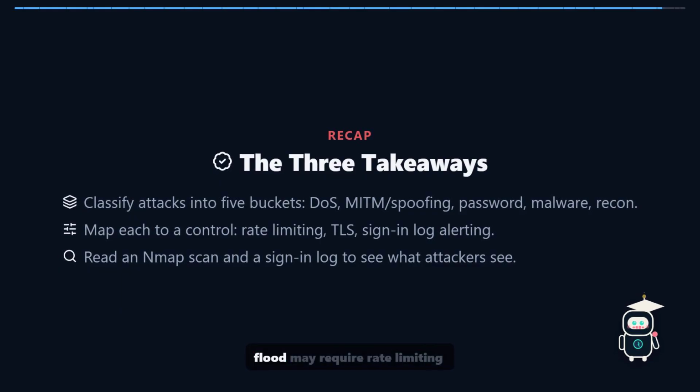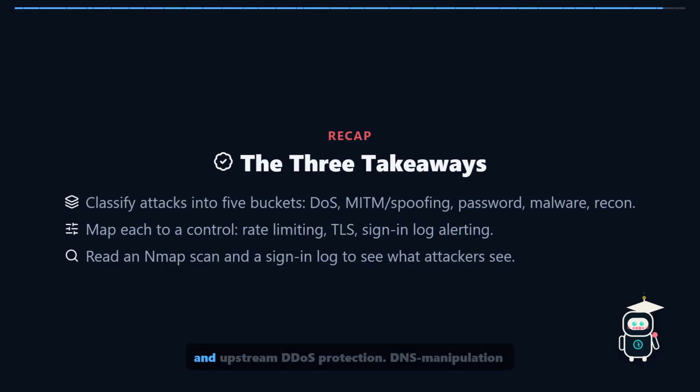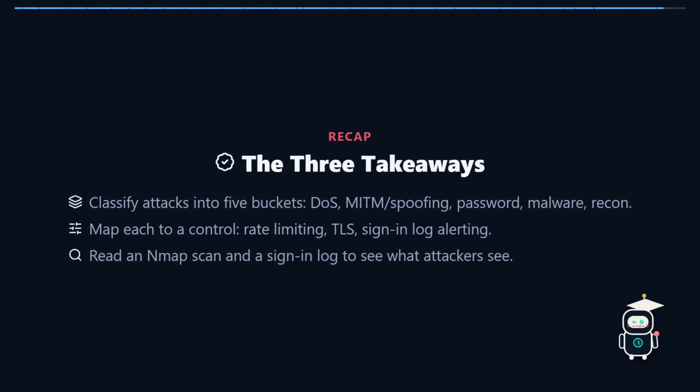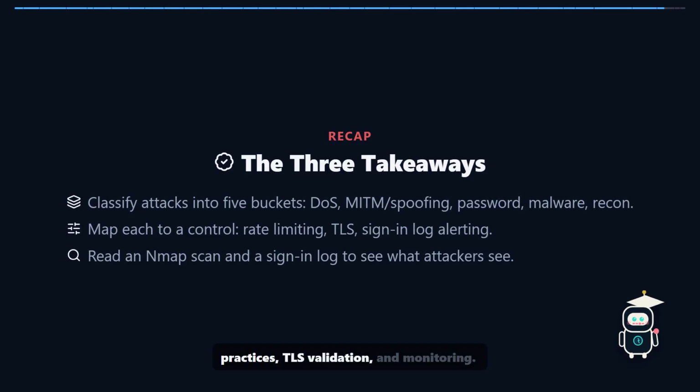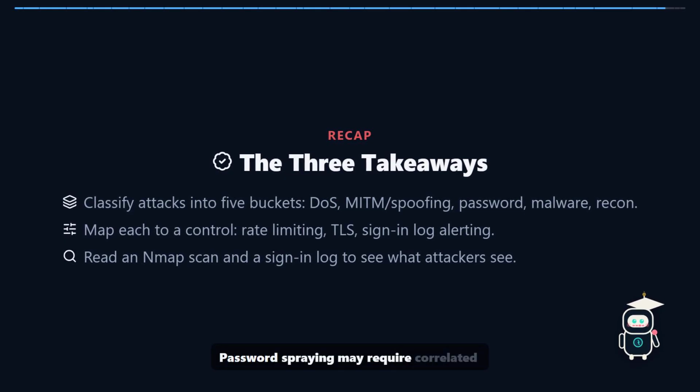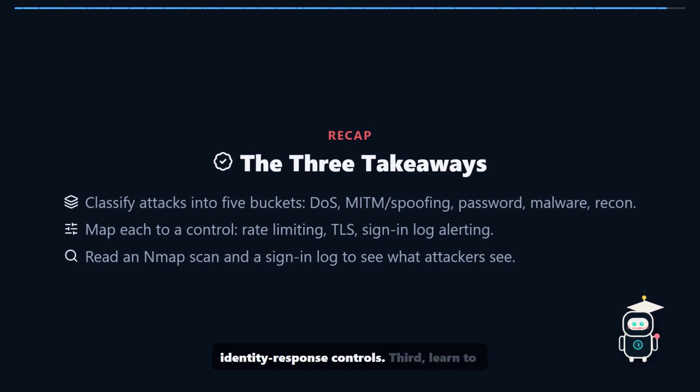A SYN flood may require rate limiting and upstream DDoS protection. DNS manipulation risk may require secure resolver practices, TLS validation, and monitoring. Password spraying may require correlated identity detection, stronger authentication, and identity response controls.